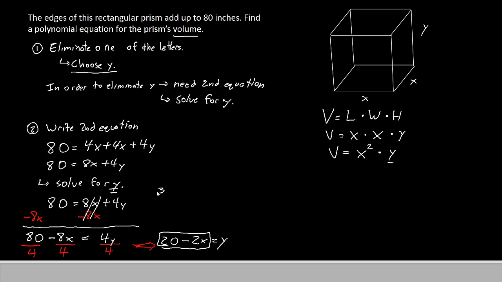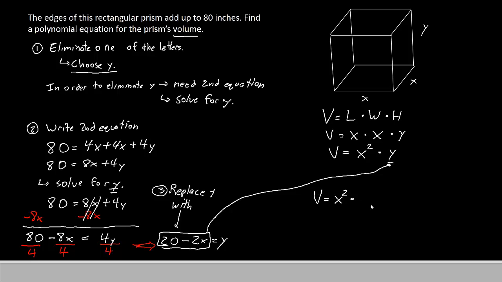For our third step, we will replace y with the 20 minus 2x. So where we see y in the volume, we're going to put this 20 minus 2x in its place. So now our volume equation is x squared times 20 minus 2x.